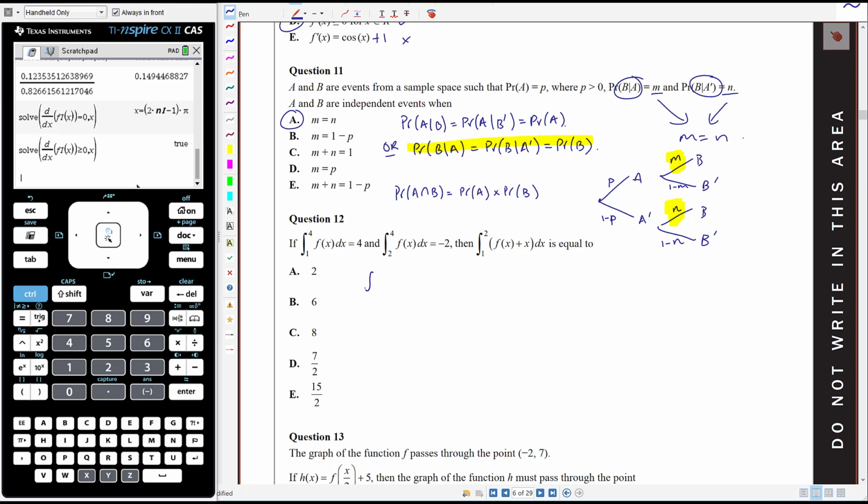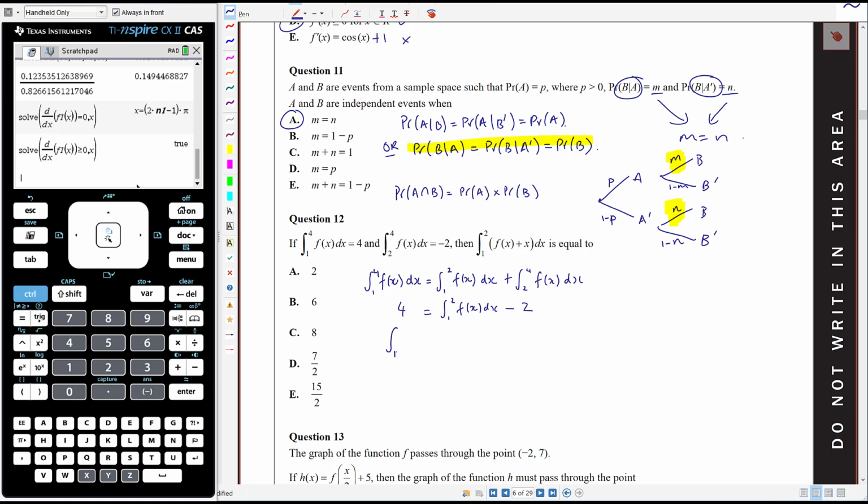We know that the integral from 1 to 4 of f of x would be the same as the integral from 1 to 2 of f of x plus the integral from 2 to 4 of f of x. Now we know that this equals 4. We don't know what that is, but we know the integral from 2 to 4 is negative 2, so minus 2.